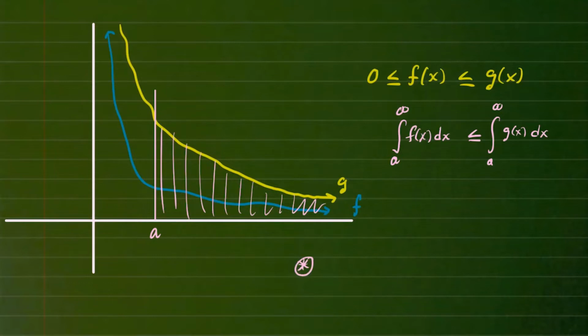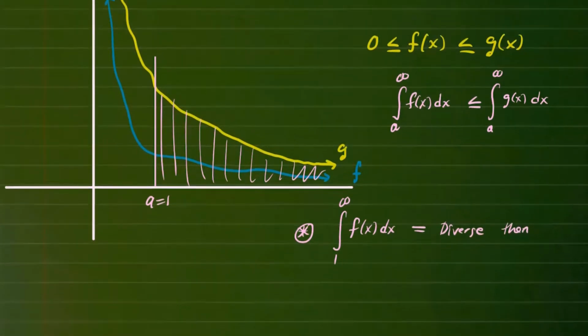If you're integrating from, let's say, 1 to infinity of this function f of x dx, and if this happens to diverge, then the integral from 1 to infinity of g of x dx is also going to diverge. So that's what we can say, because if something below diverges, then whatever is above it will also diverge.